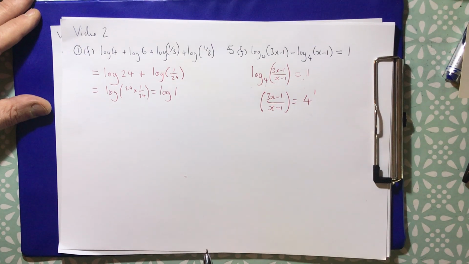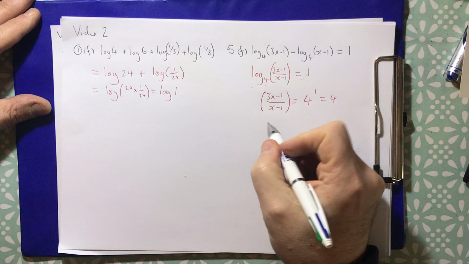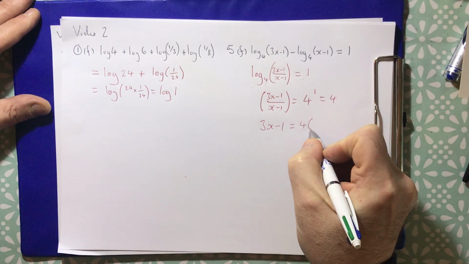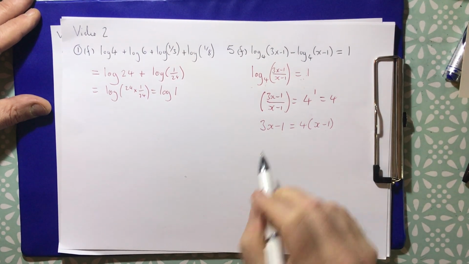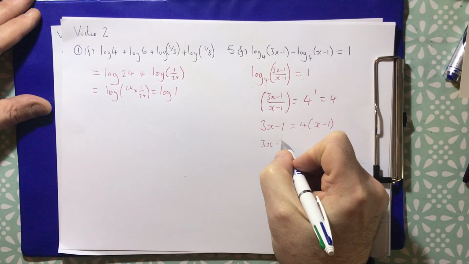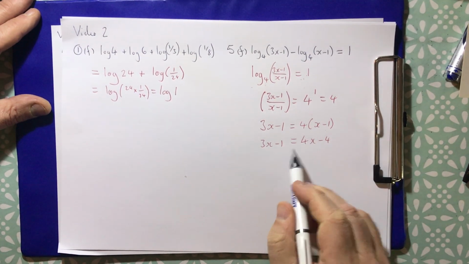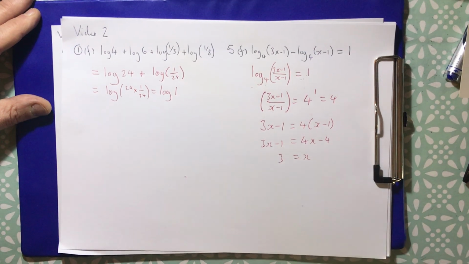So it's 4 to the power 1, which is just 4, isn't it? So multiply by the bottom here, you've got 3x minus 1 equals 4 times x minus 1 in a bracket. So you've got 3x minus 1 equals 4x take away 4. Take that across there, you've got x. Take that across there, you've got 3. So x equals 3 would be that one.